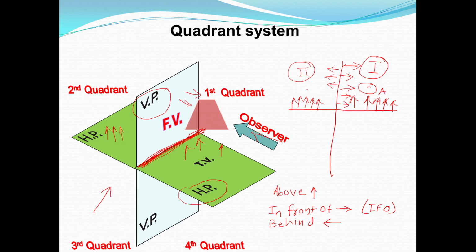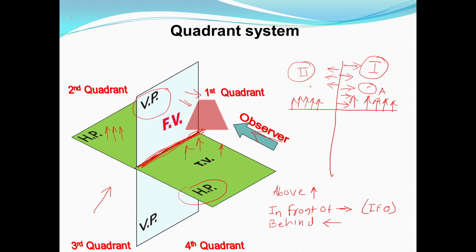A point in the second quadrant, you can say, is 30 mm above the HP, 20 mm behind the VP. So this quadrant is the second quadrant, above the HP, behind the VP.